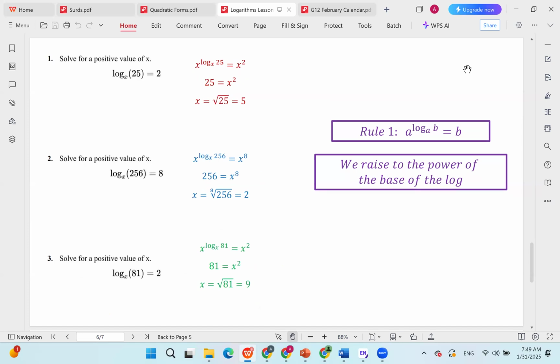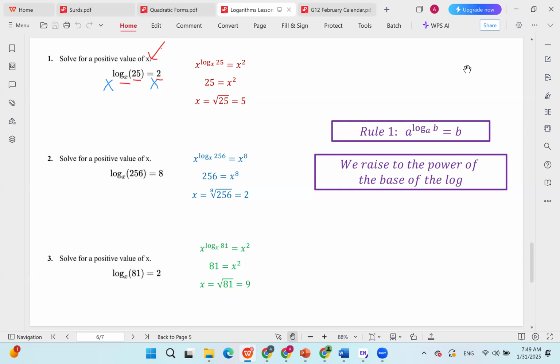So for this problem here, we have log base x of 25 equals 2, and we want to figure out the value of x. Again, just to simplify this equation, we can get rid of the log by raising both sides to a base of x.